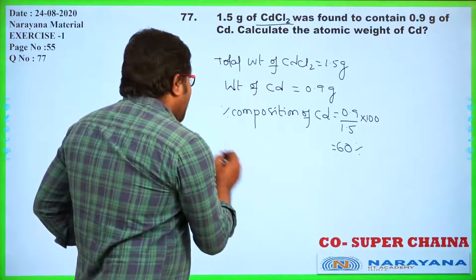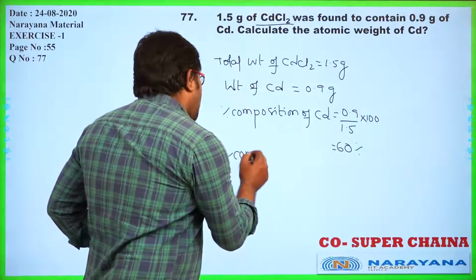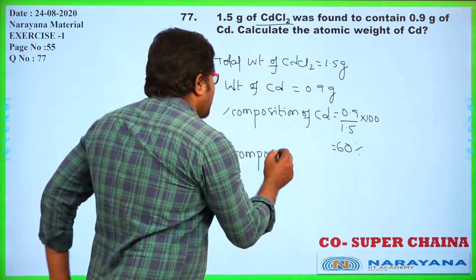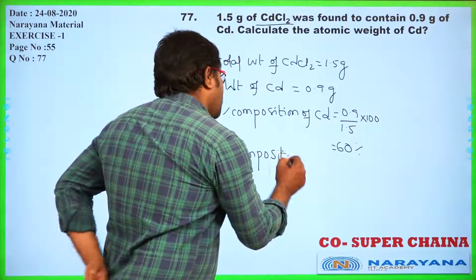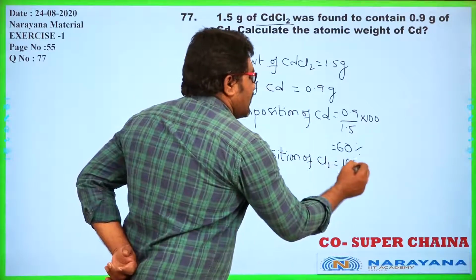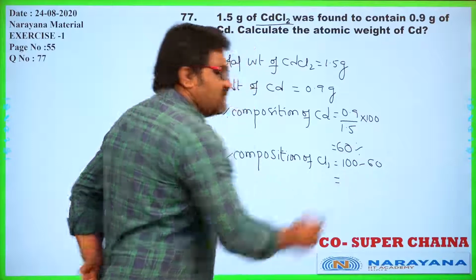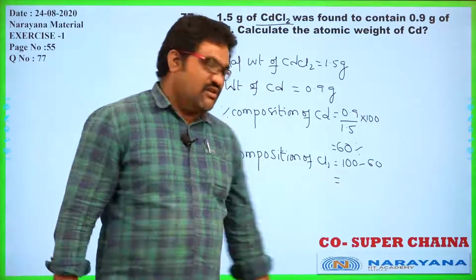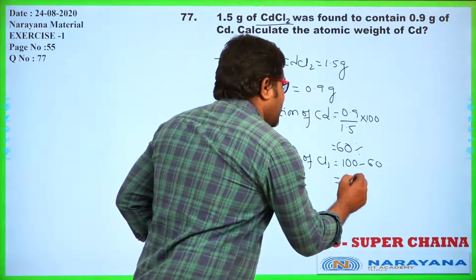So, automatically, the percentage composition of Cl2 is equal to 100 minus 60, because only two elements are present in that molecule. So I got 40%.